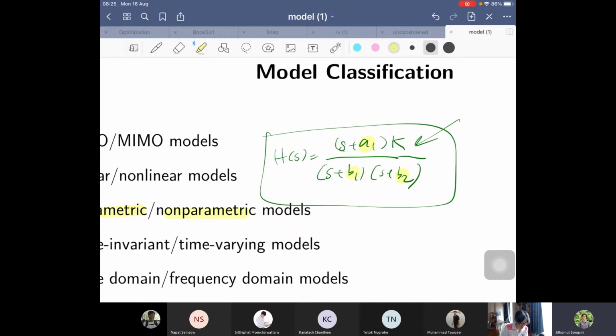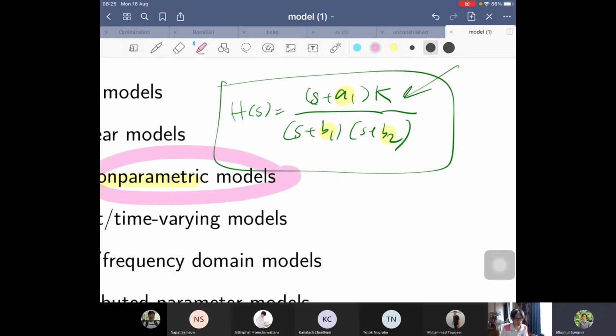A non-parametric model is a model which you don't need to represent in terms of parameters, and that allows you to understand the characteristics of the system.